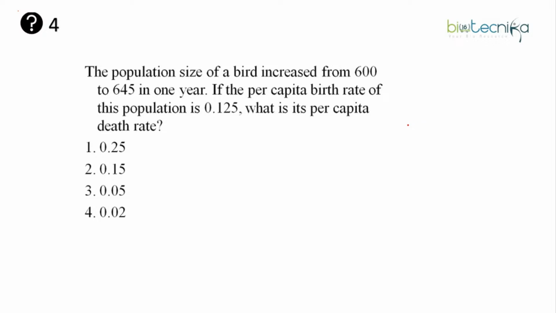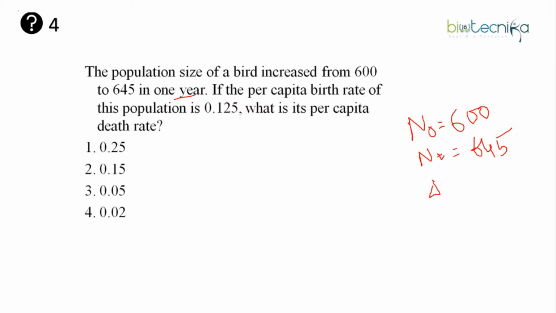So according to the question, N0, that is the initial population, is 600. NT, that is the population after some time, the time is not mentioned here exactly. Oh yes, one year it is mentioned. This is equal to 645. That means what is the increase?